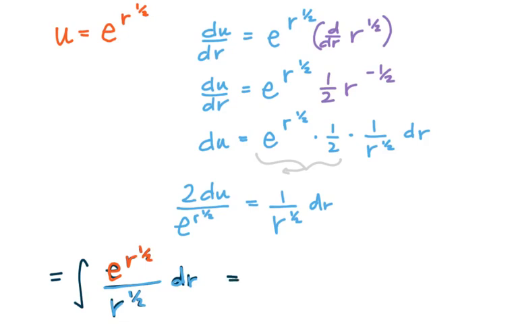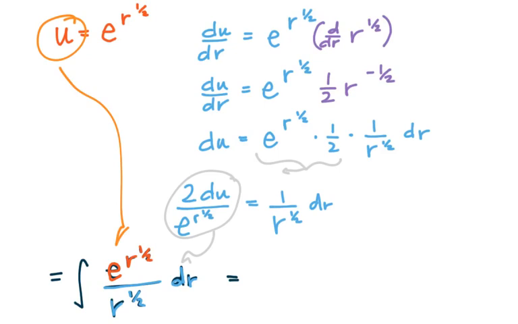So using my substitution, u goes in right there, and this is going to go in for 1 over r to the 1/2 dr. So this becomes the integral of u times 2 over e to the r to the 1/2 du. And again, this is a good time for you to pause and make sure that all of this makes sense.